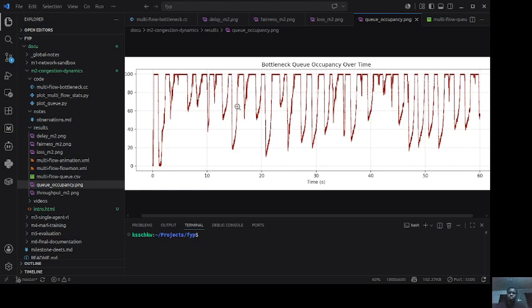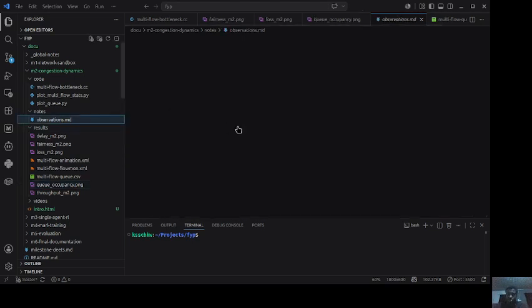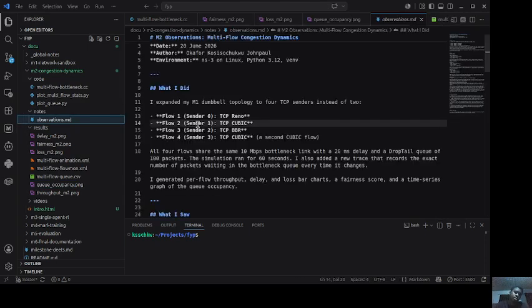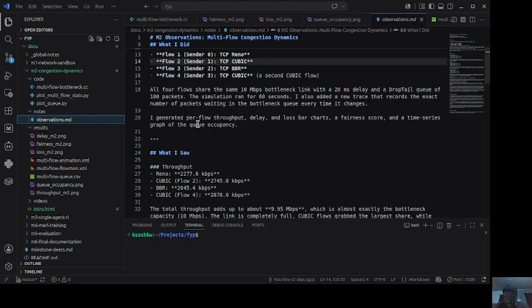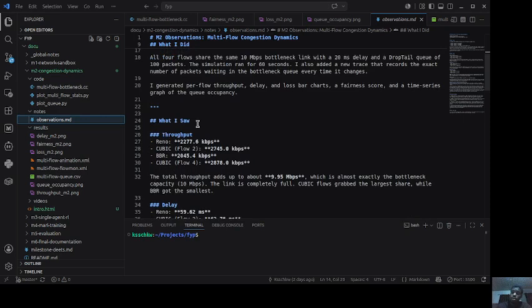Now, why does this matter for my project? I wrote an observations file, but because I'm building a reinforcement learning based congestion controller, it should be able to smooth out this sawtooth.